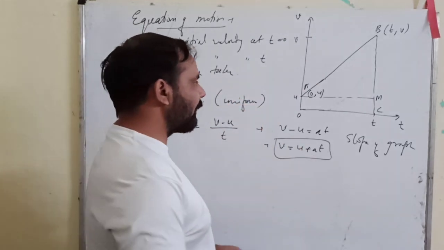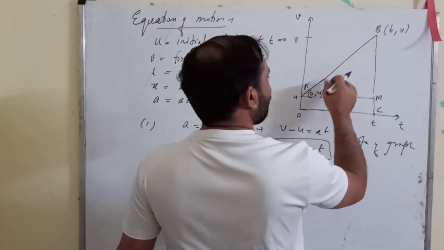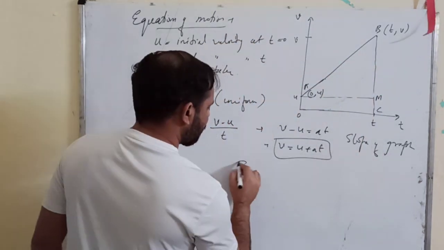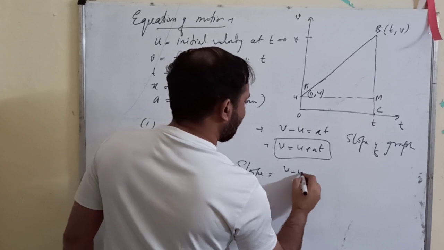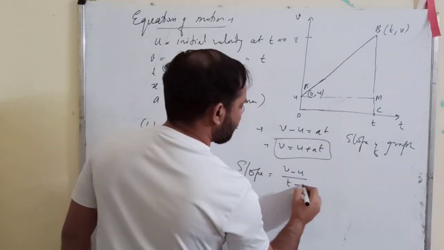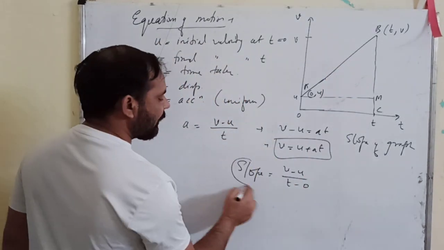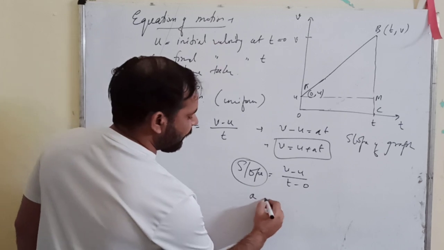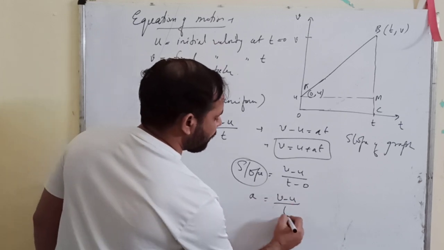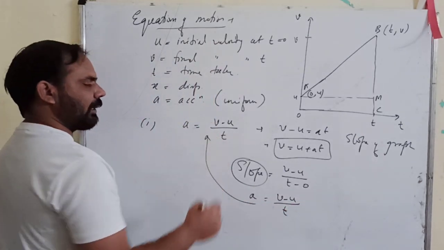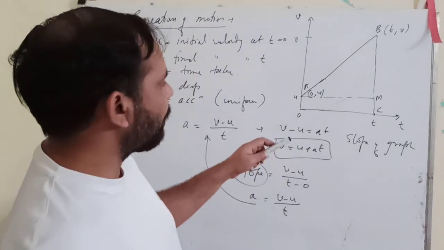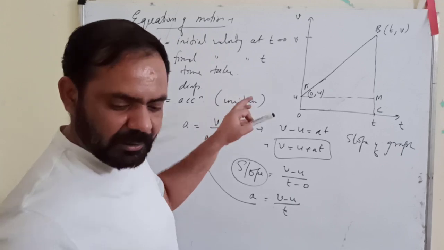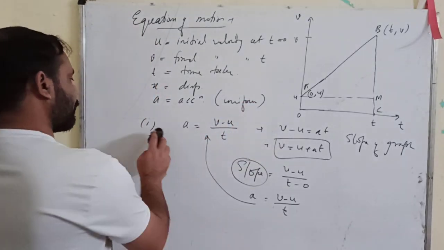What is the slope? The slope is equal to y2 minus y1, v minus u, upon x2 minus x1, t minus 0. Now what is the slope of the vt graph? It is acceleration, equal to v minus u upon t, which I mentioned here. So we obtain the slope of the graph to get the first equation. This is the graphical method that I am telling you, right?